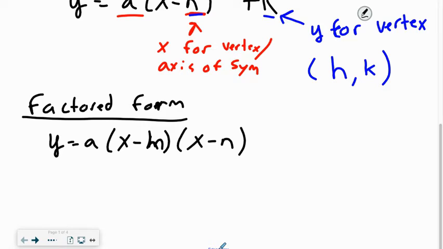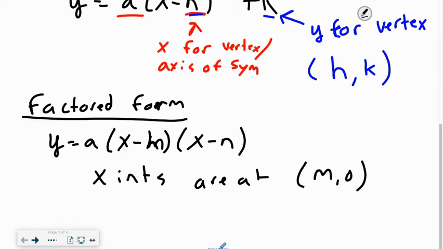For this, your x-intercepts are at (m, 0) and (n, 0). So m and n are your intercepts.